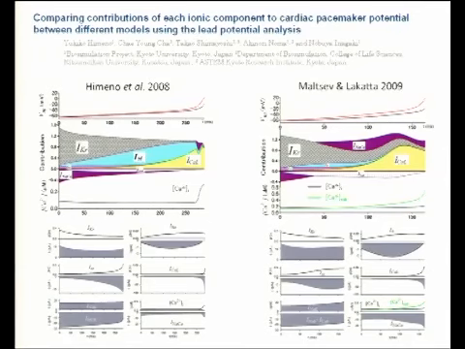This is the membrane potential from the maximum diastolic potential to minus 20 millivolts, the slow diastolic depolarization, with the lead potential in red line. This is the profile of the lead potential analysis. The relative contribution is shown here.